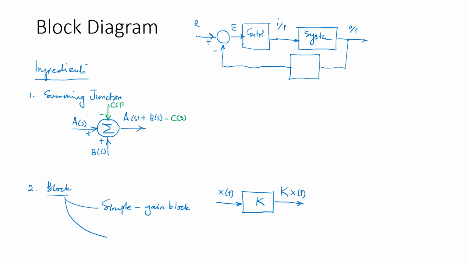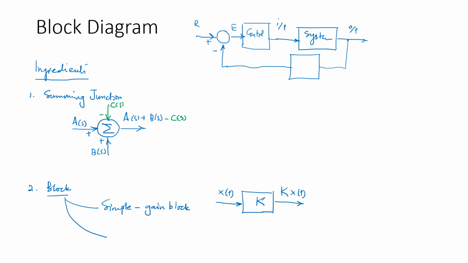So this is a simple gain block, which, for example, if you have used the operational amplifier in your control system, is going to have a simple proportional gain multiplied with the input given to it. So that would be represented in a block diagram in this fashion.